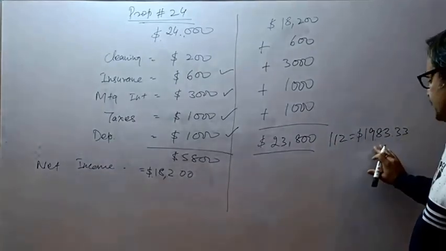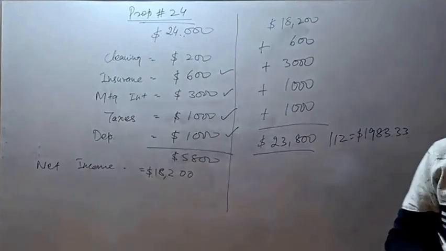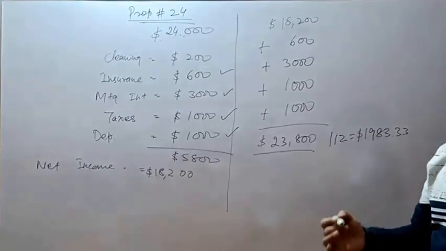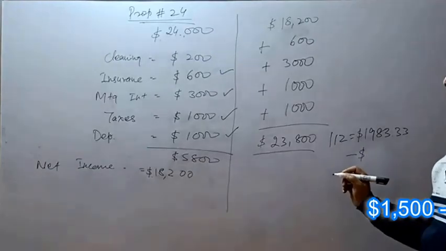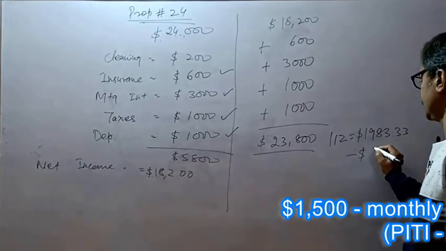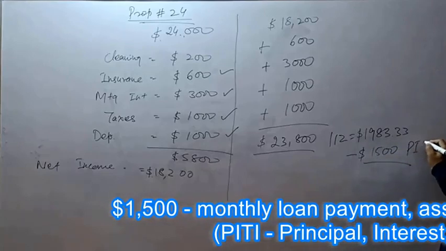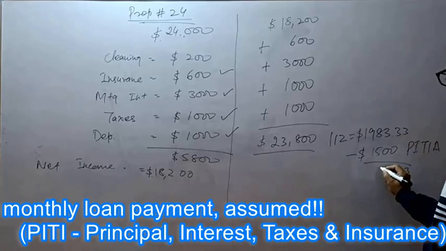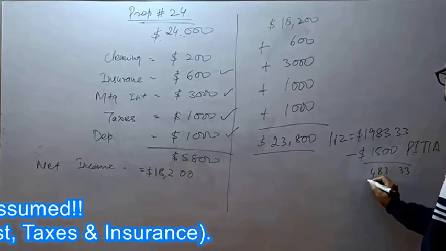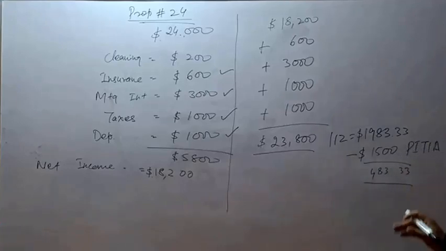Now, this is the income, but in the current year the borrower will have expenses as well. So those current year expenses always need to be deducted. It could be maybe $1,500 per month, current year PITIA. So 483 is going to be the borrower's positive cash flow, right?